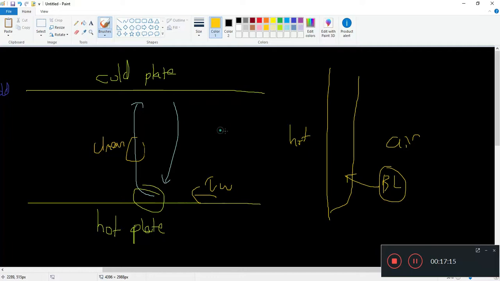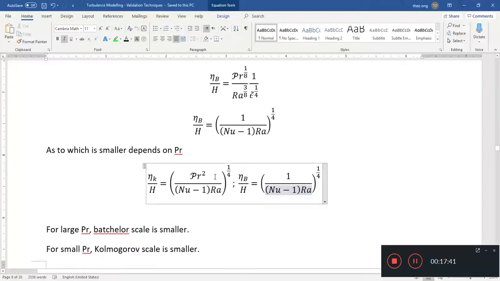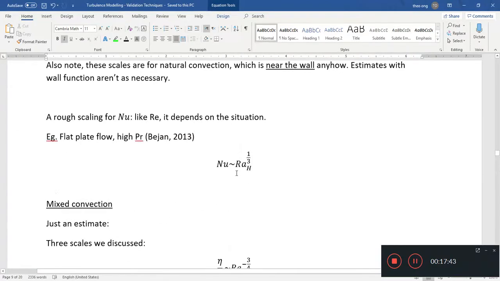If the mean flow is going this way, the wall shear stress will point the other way. But here there is no mean flow in the direction parallel to the plates. Since there's none of that, the wall shear stress and everything kind of breaks down, because these things are not as important anymore.